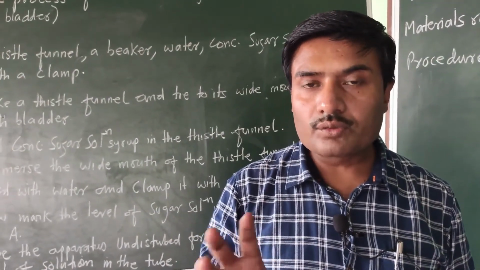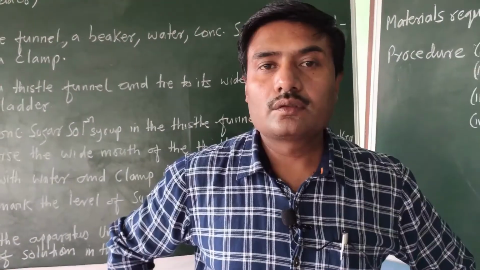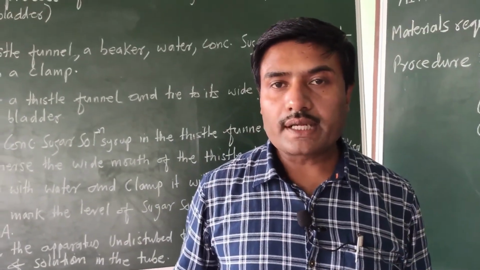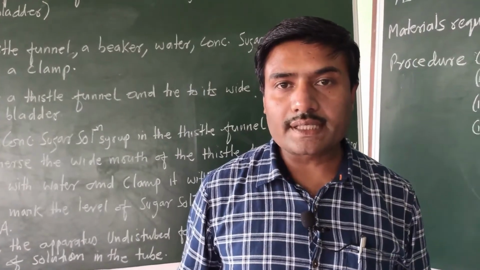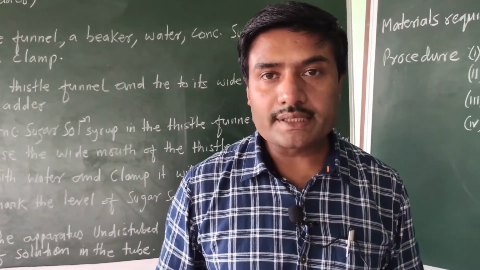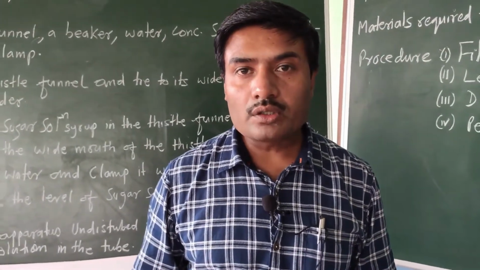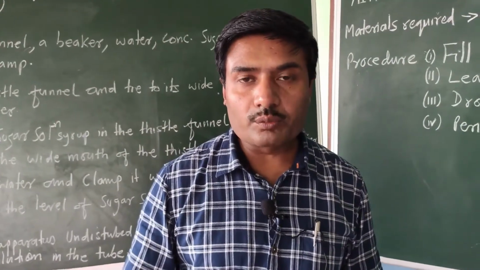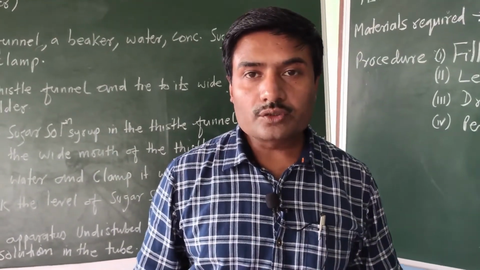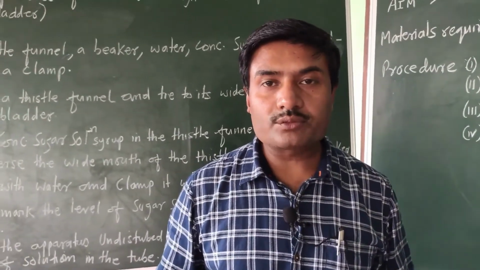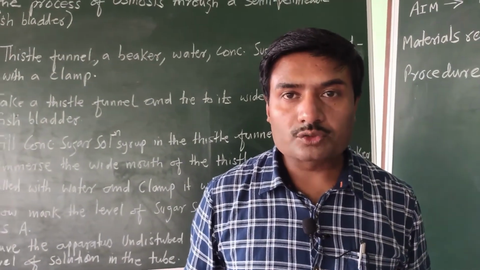So it is a region of lower concentration. The water present in the beaker acts as the water present inside the soil. This water moves into the thistle funnel tube, which acted as a root. So this way the plant absorbs water and minerals by one of the processes called osmosis.